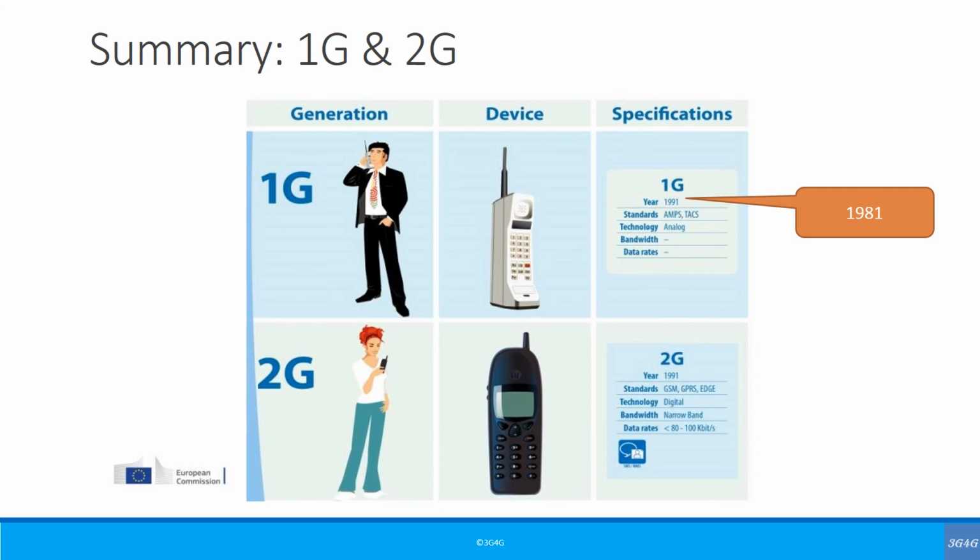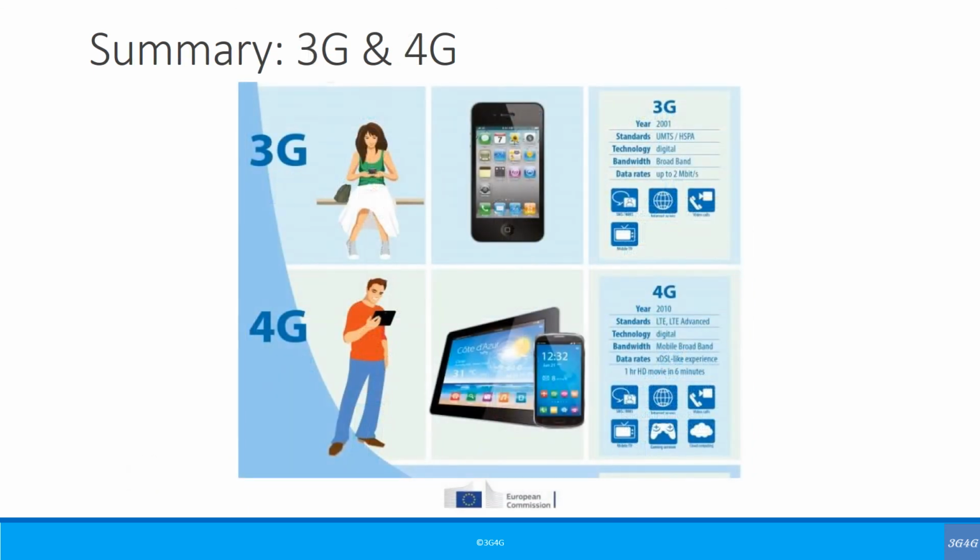So you moved from brick phones to smaller mobile phones in 2G. In 3G, we moved to smartphones. We had a bit higher data rates, not great data rates, but a bit higher compared to 2G. The smartphones became usable after we had 3G.